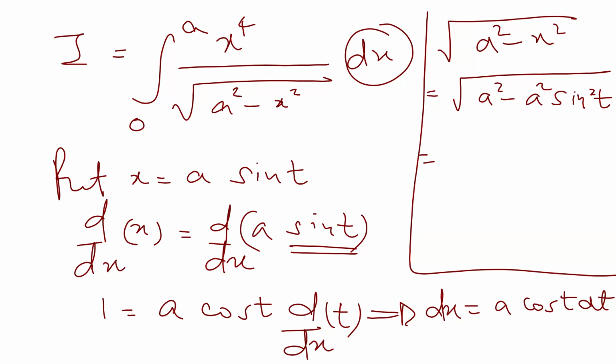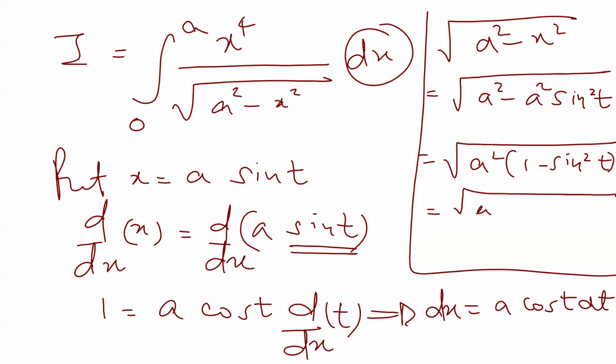So this will be root of a square into 1 minus sine square, so a square cos square t, which is equal to a cos t.